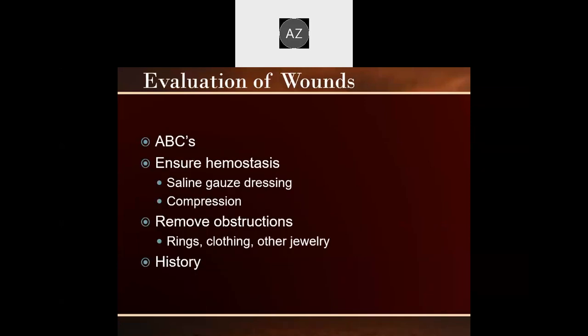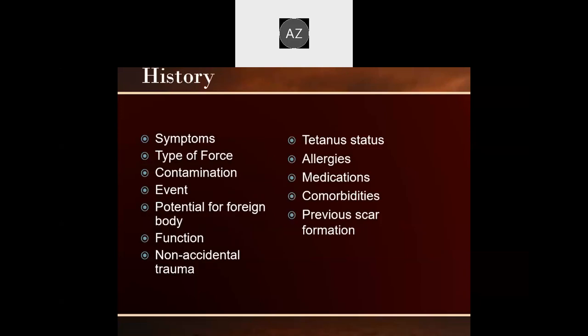Then how do you evaluate the wounds when a patient comes to hospital? You use the A, B, C, D. This is very important in trauma patients. So you ensure hemostasis. You also remove obstruction and then you take history. Sometimes the history of the patient is very important.